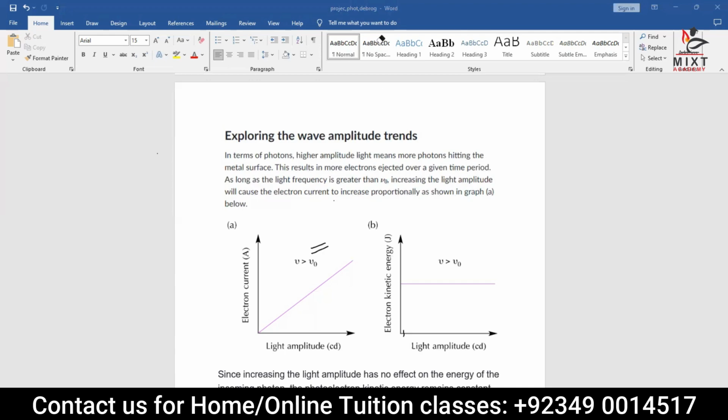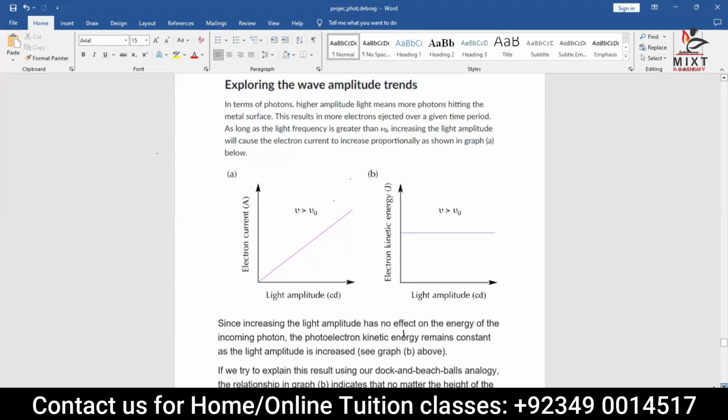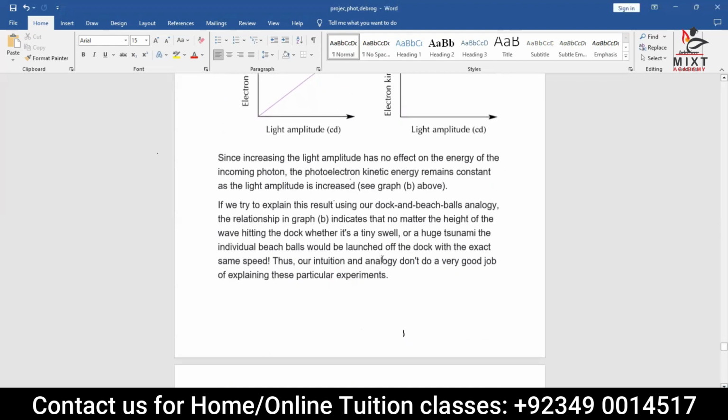So we actually found the equation for the work function and everything. Since increasing the light amplitude has no effect on the energy of the incoming photon, the photoelectron kinetic energy remains constant as the light amplitude is increased.